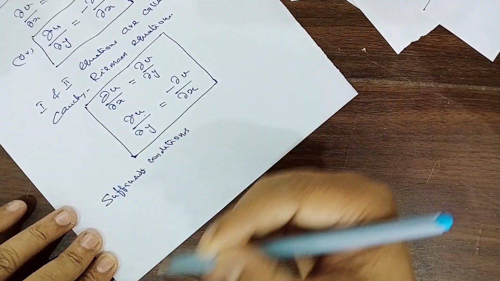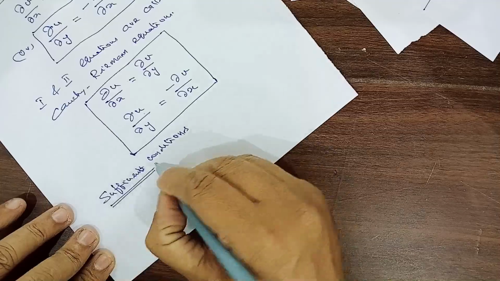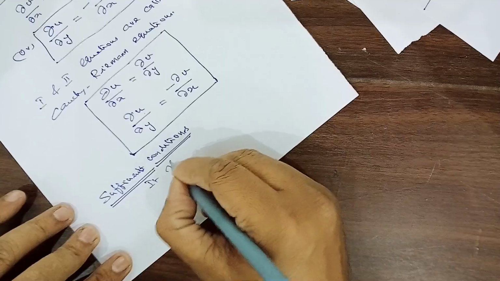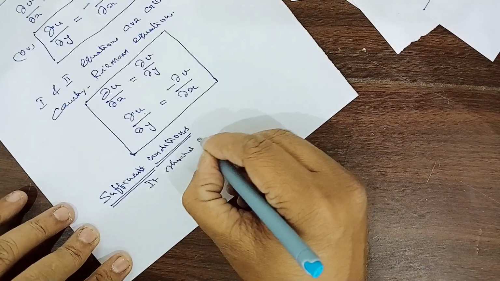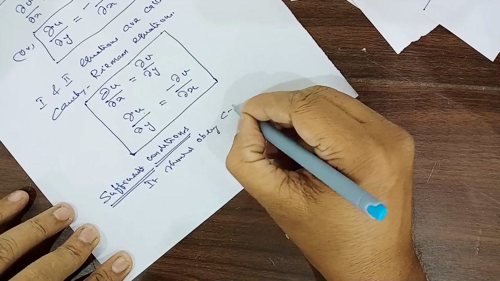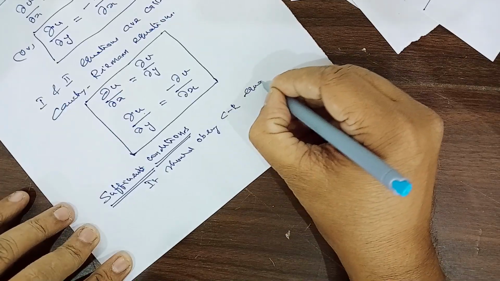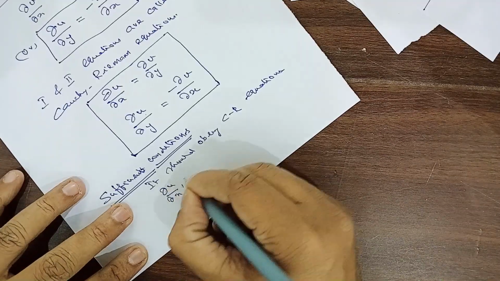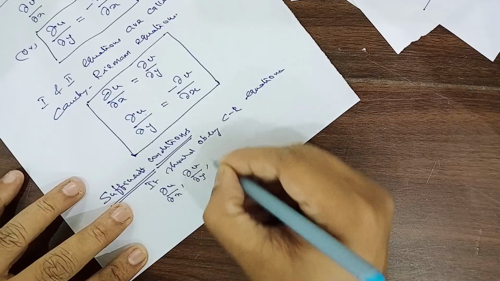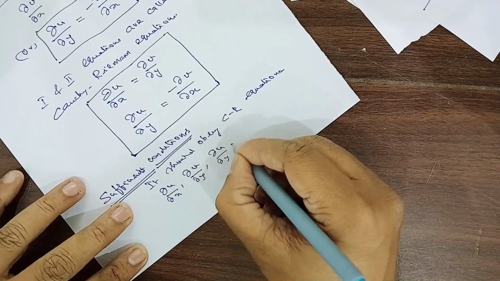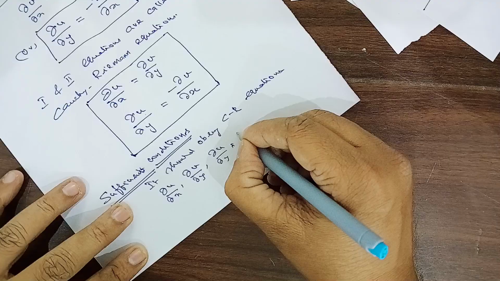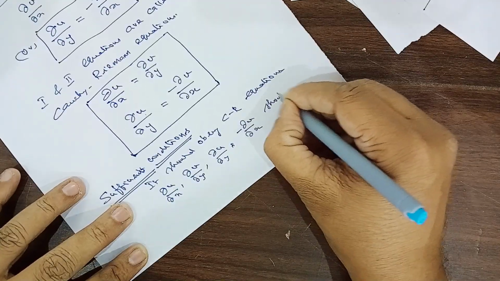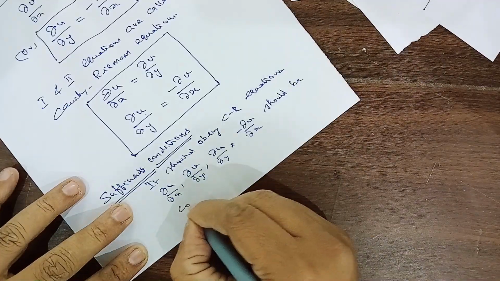Sufficient conditions for a function to be analytic: it should obey the CR equations. Also, dou u by dou x, dou v by dou y, dou u by dou y and dou v by dou x should be continuous.